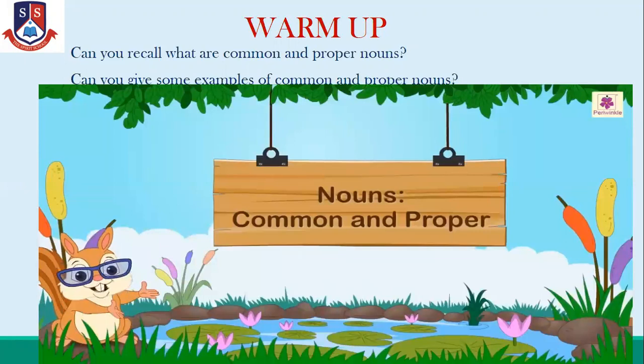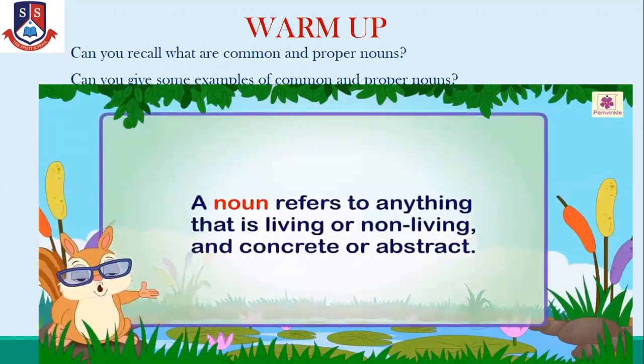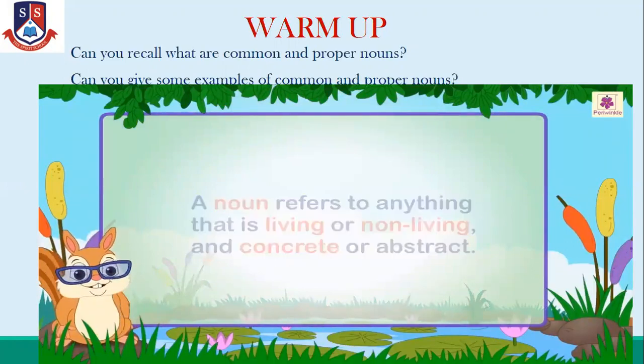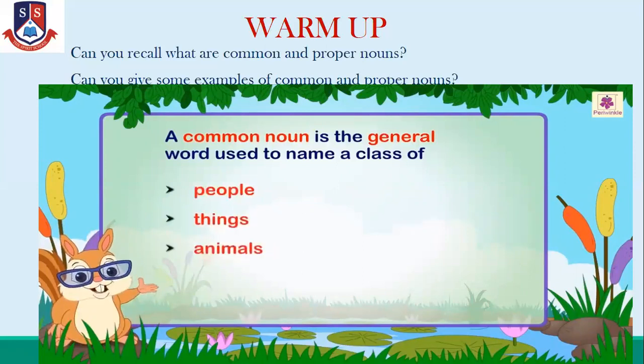Nouns, common and proper. A noun refers to anything that is living or non-living and concrete or abstract. A common noun is the general word used to name a class of people, things, animals, concepts, and ideas.